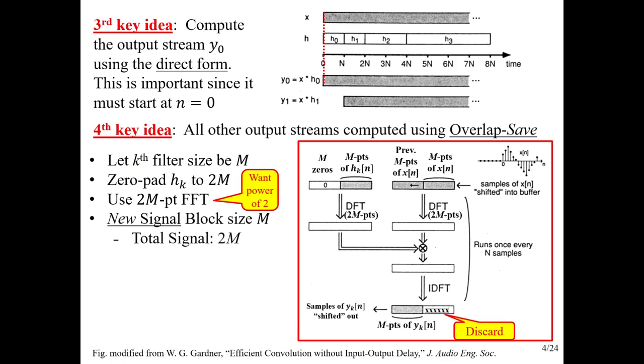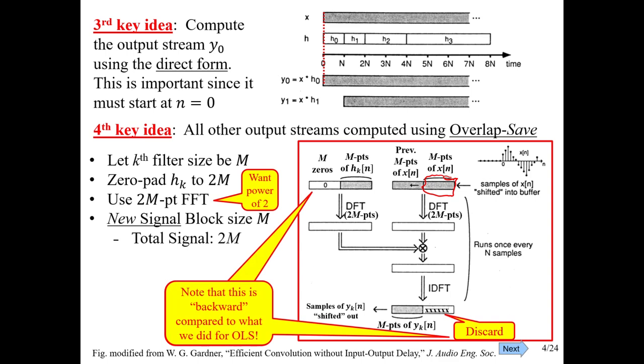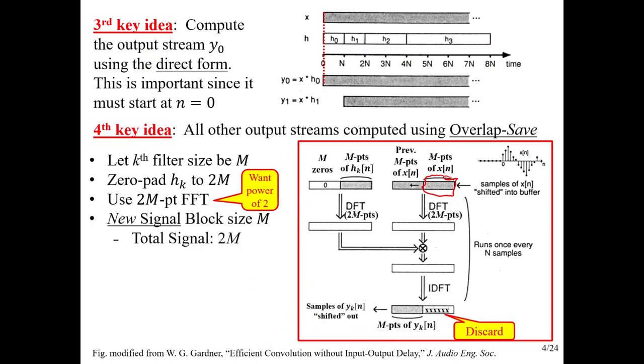Then what comes into it for the signals? We have a new signal block that's going to be size M. So the new signal block goes here.